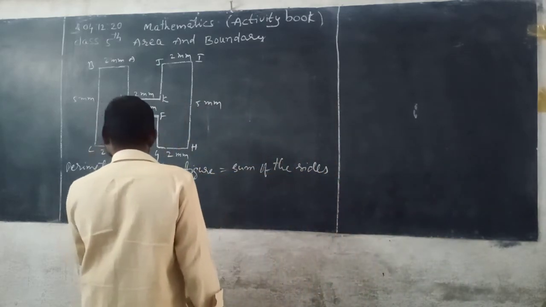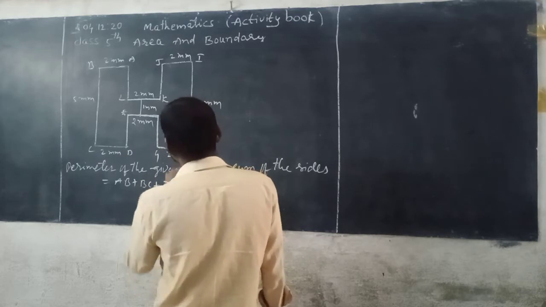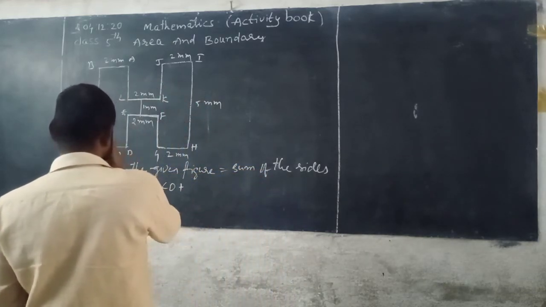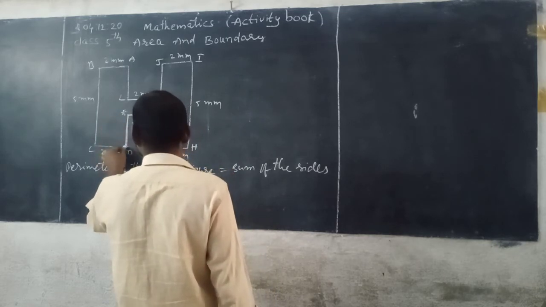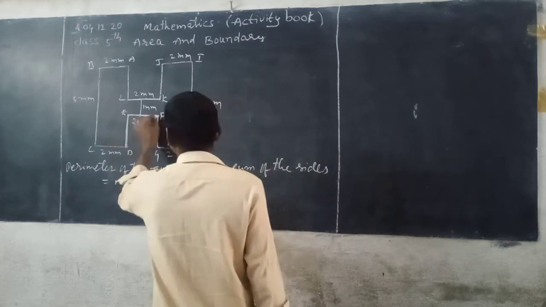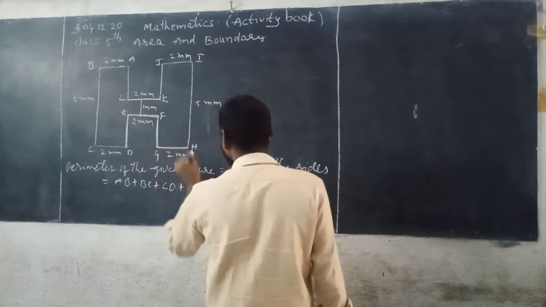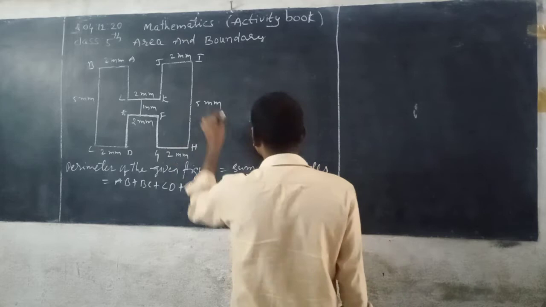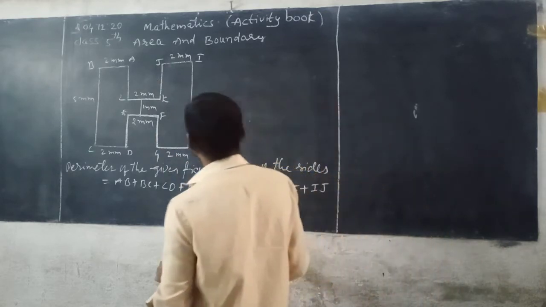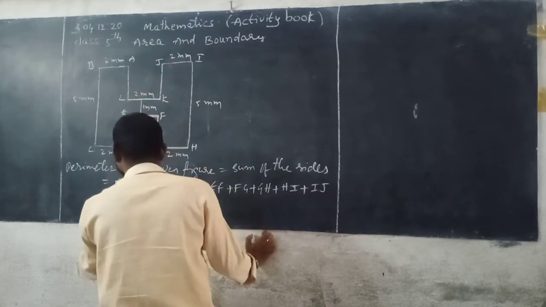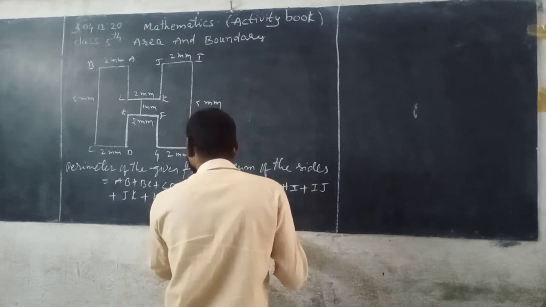That is equals to AB plus BC plus CD plus DE plus EF plus FG plus GH plus HI plus IJ plus JK plus KL plus LA. See here beta.